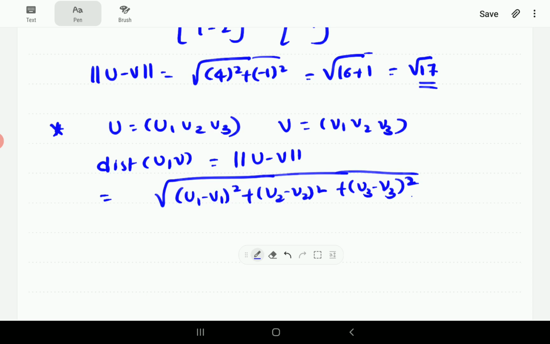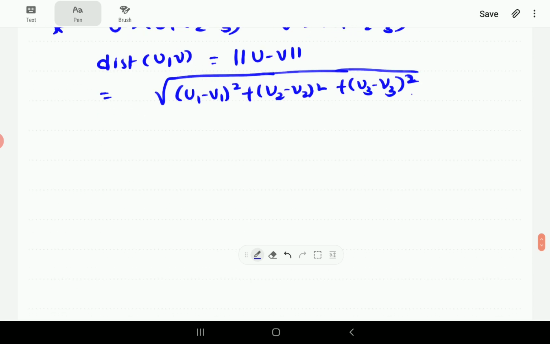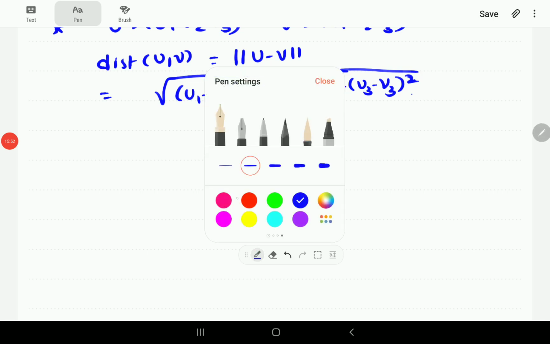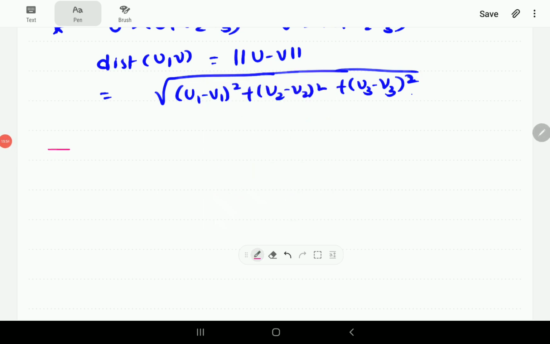Now let me quickly define orthogonal vectors, because I'm going to use the inner product definition for defining it. That's why we gave all these definitions. Let us define orthogonal vectors.